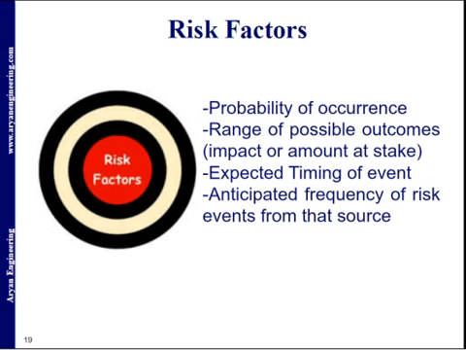The event is when the risk will come, or when we will face the chance of the risk. So maybe some risk may come anytime, some risk may come at the beginning of the project, some in the middle, some at the end of the project. So that is the expected timing of the events.